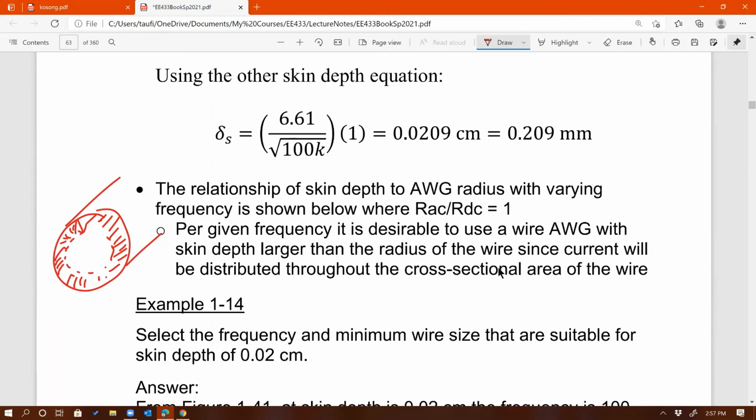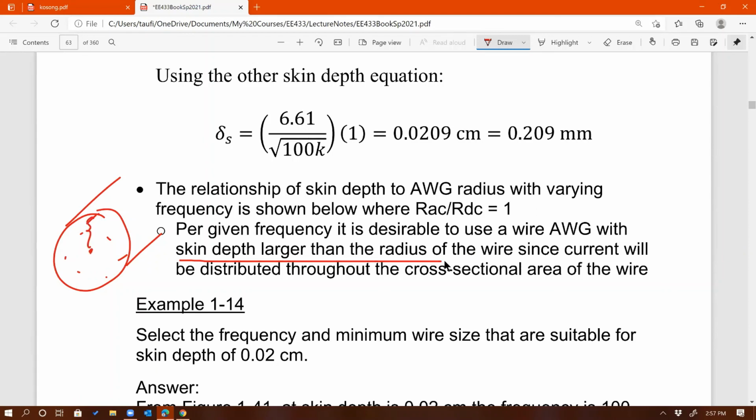So it will be good, for a given frequency, if you size the wire gauge to have, what did I say? To have the radius of the wire larger than the skin depth. Wait, skin depth larger than the radius, the other way around. So imagine this is the radius, from here to here.